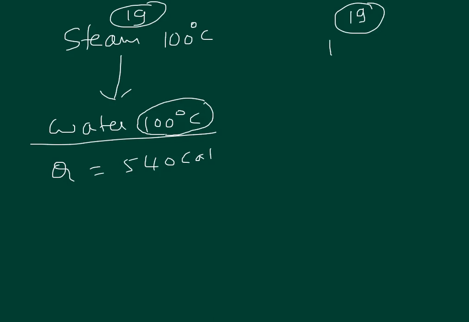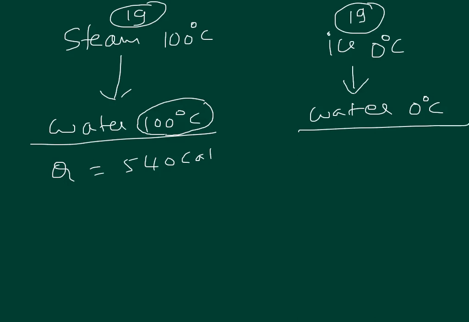Initially 1 gram of ice at 0 degrees centigrade is given. Ice at 0 degrees centigrade to water at 0 degrees centigrade gives Q1 equals 80 calories.